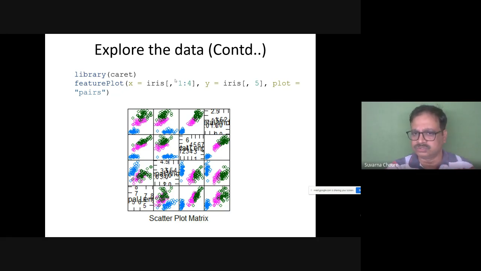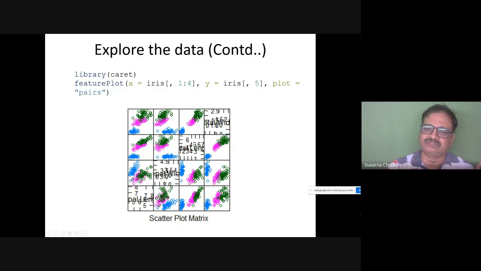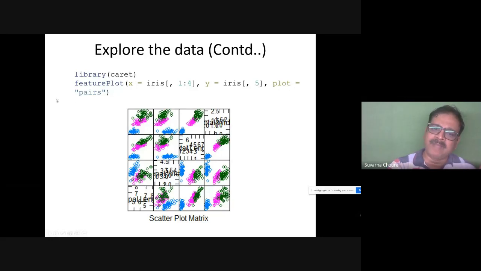I want all rows, therefore I have kept this field empty. And in this field, 1 to 4 is the index for those 4 columns. First 4 columns I want to separate. On the y-axis, I want to go for species of iris. Those 3 species of iris will be there, that 5th column. And plot type will be pairs.